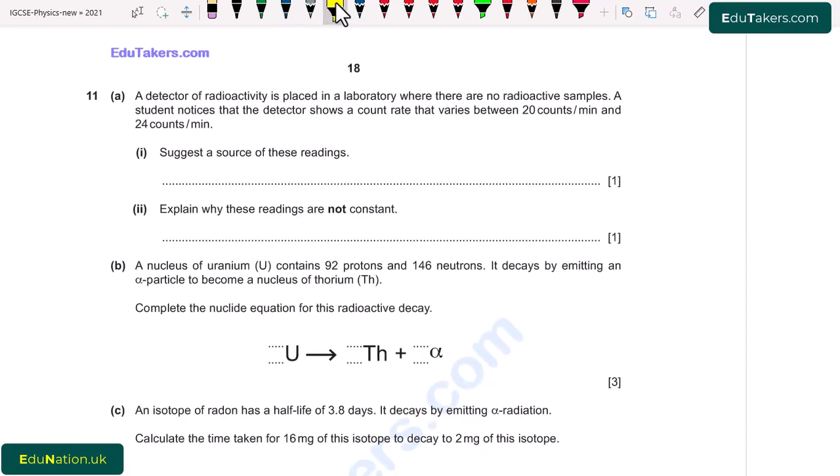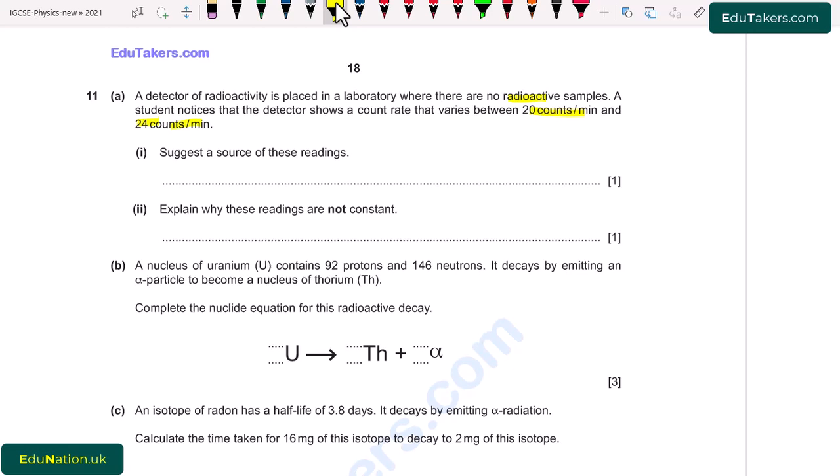Question number 11, part A. A detector of radioactivity is placed in a laboratory where there are no radioactive samples. A student notices that the detector shows a count rate that varies between 20 counts per minute and 24 counts per minute. So the count rate is not constant here, it varies between 20 to 24 counts per minute.